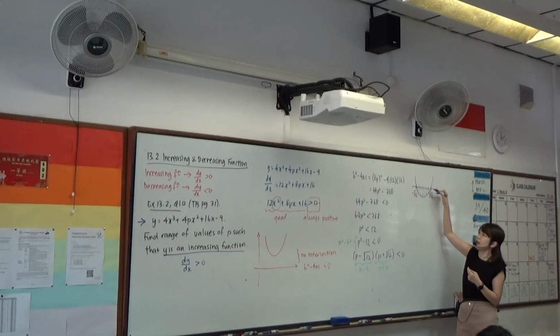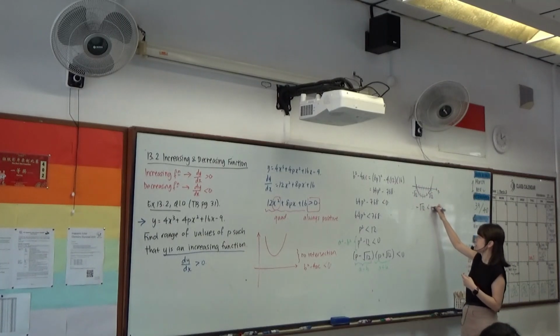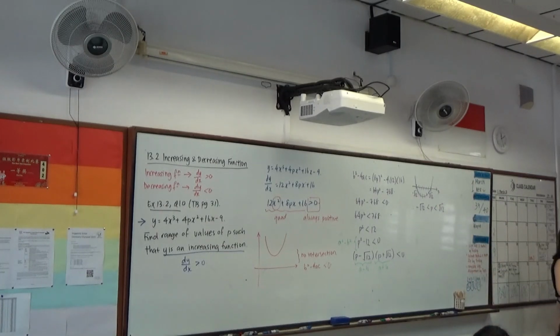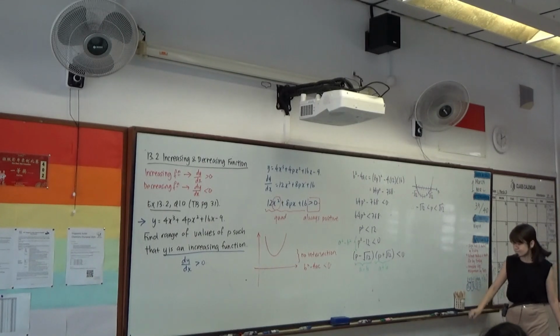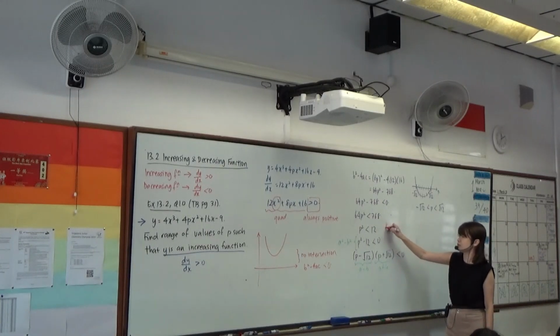So that means this range here. Therefore, our answer should be between negative root 12 and root 12. So I want us to remind ourselves that we cannot square root both sides.